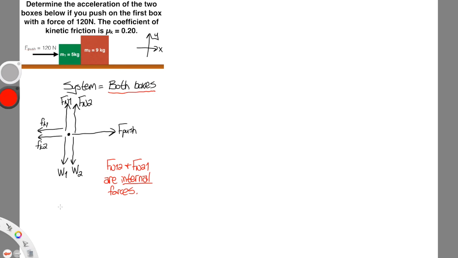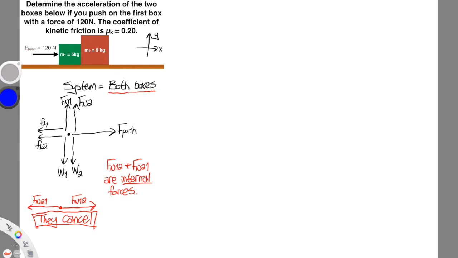Or, another way to think about it is, well, Fn21 points left, Fn12 points right, and they have equal magnitudes. So these forces will cancel out anyway. So we could write them in our F equals ma equations but they're just going to take up space and clutter up our free body diagram. So I'm going to leave them off.